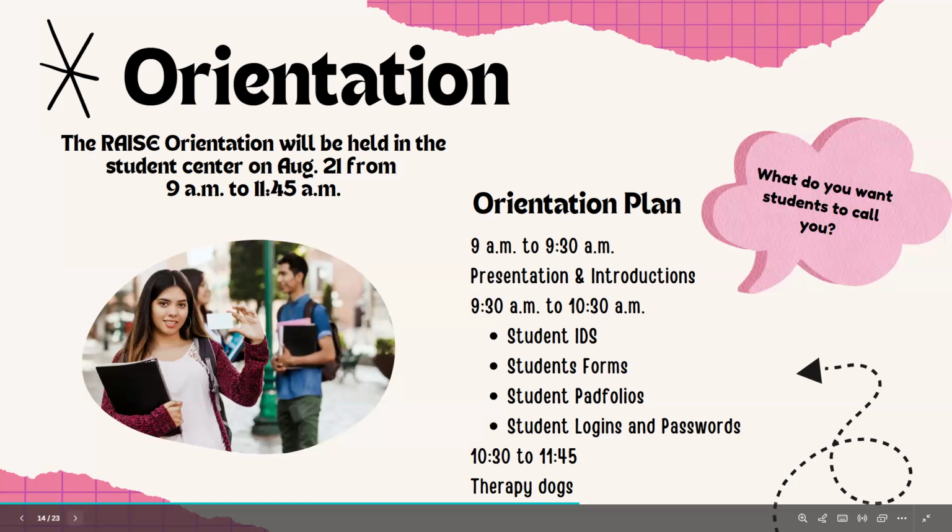We also have a couple of forms that we need students to sign, a RAISE participation form, and also the FERPA form that allows us to talk to parents about things like attendance and grades.